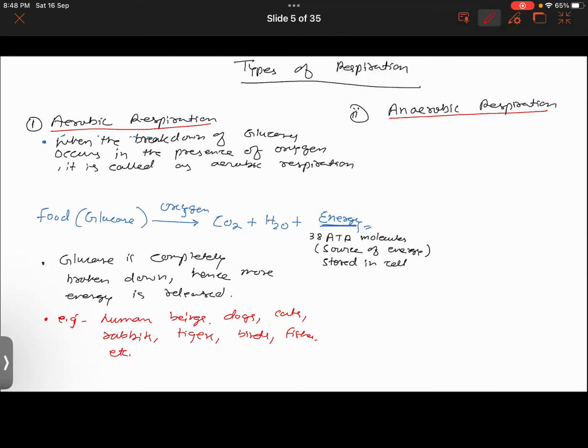In anaerobic respiration, the breakdown of food is partially completed, and then it produces alcohol, carbon dioxide, and a little bit of energy. And it has 5 ATP molecules.